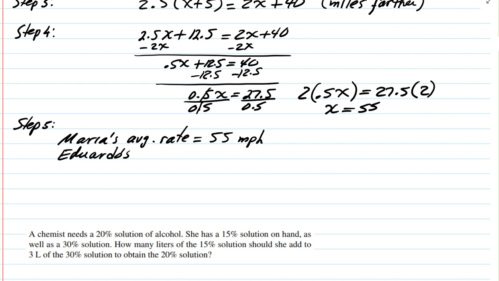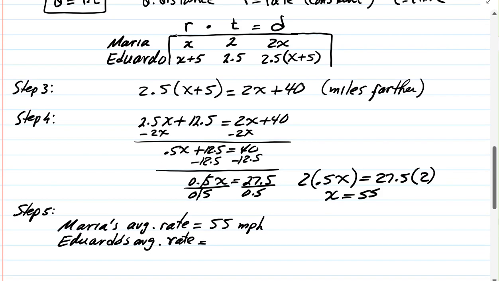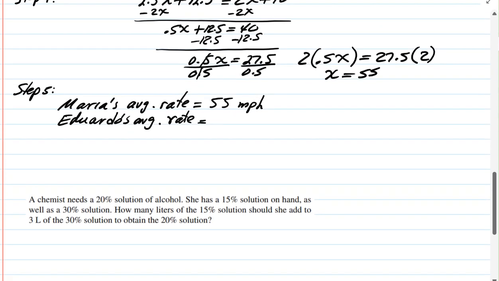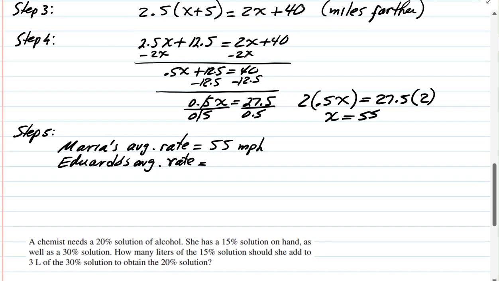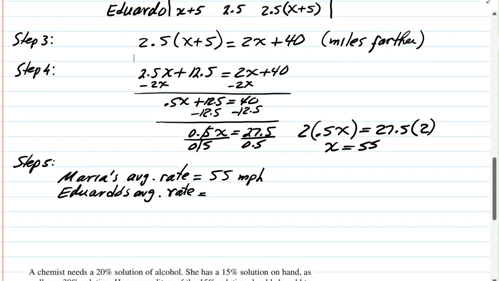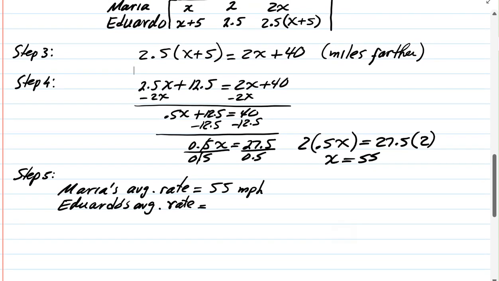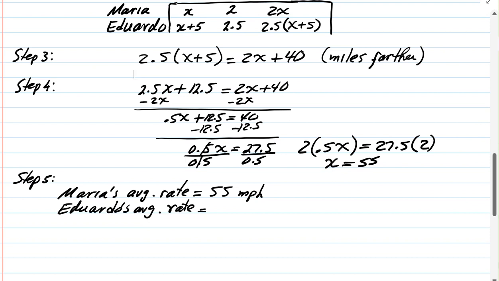Eduardo's average rate, remember he was going 5 miles an hour faster, right? Up here, that's x plus 5. So Eduardo's speed, let me hide that other problem for now, is going to be 60 miles per hour. And there you have it.